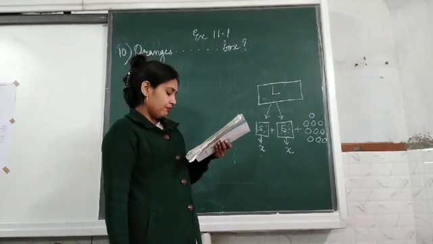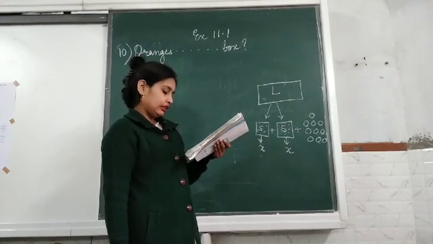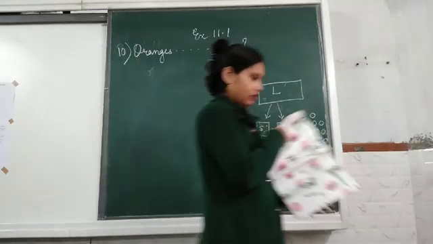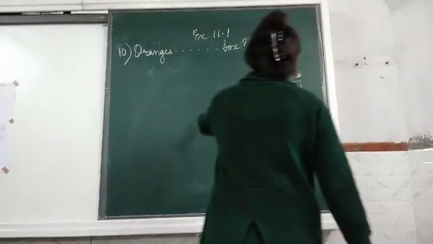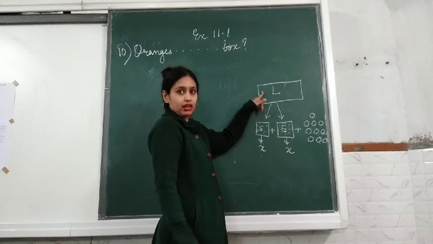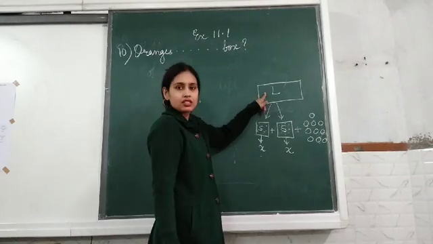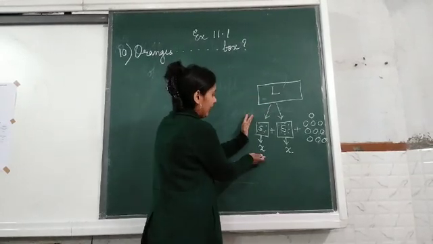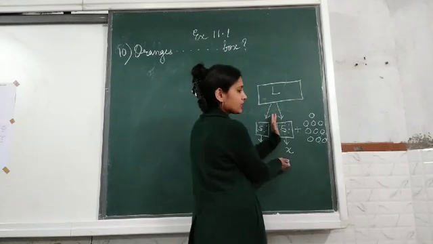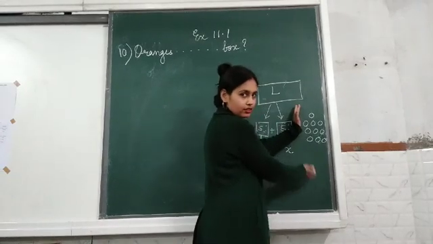Then what is the number of oranges in the larger box? We have to go back to the larger box. How many oranges were there in the larger box? The number of oranges in this larger box were x plus x plus 10, correct?